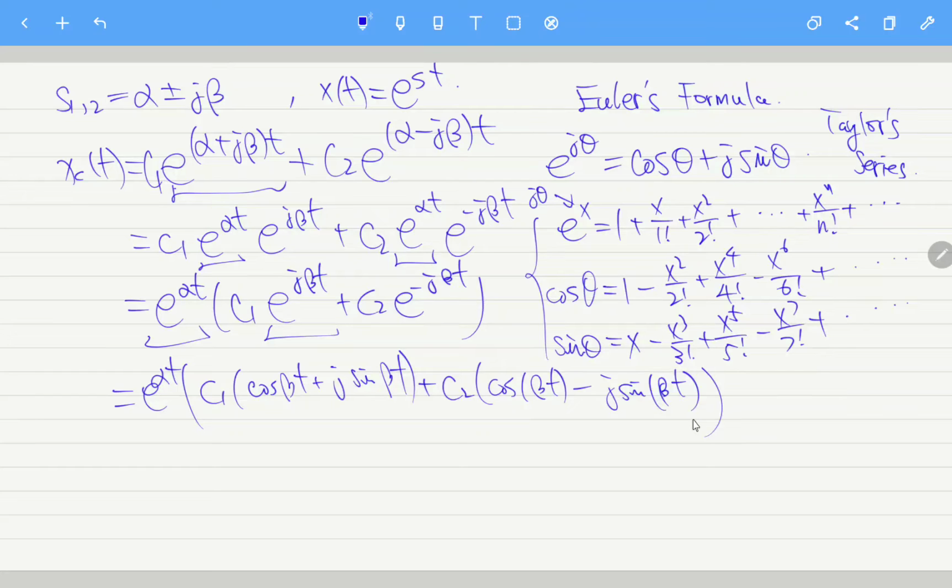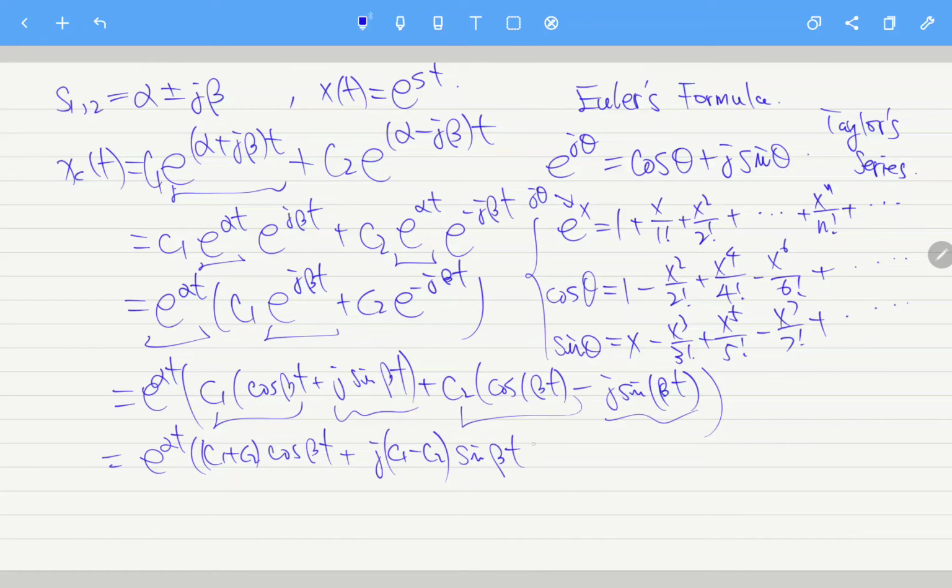Okay, so we can just gather this term, and then gather this term. So it becomes exponential to alpha t, and then c1 plus c2 cosine of beta t for the first term, and then for the second term we have a j times c1 minus c2 and then sine of beta t.